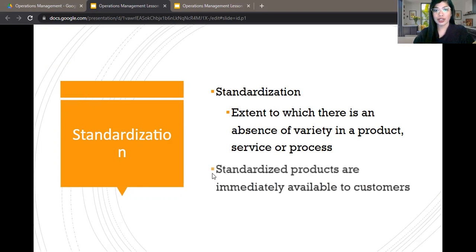A standardized service implies that every customer should receive the same, or essentially the same, service. Standardization carries a number of important benefits as well as disadvantages. Standardized products are immediately available to customers.